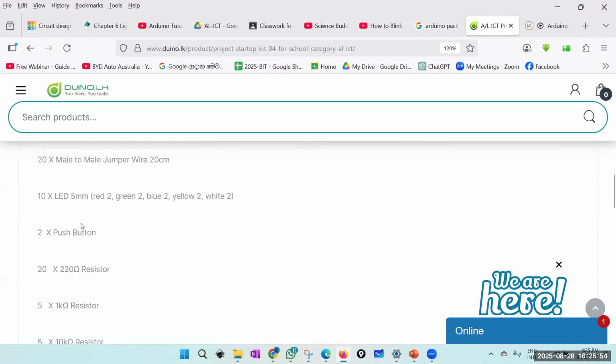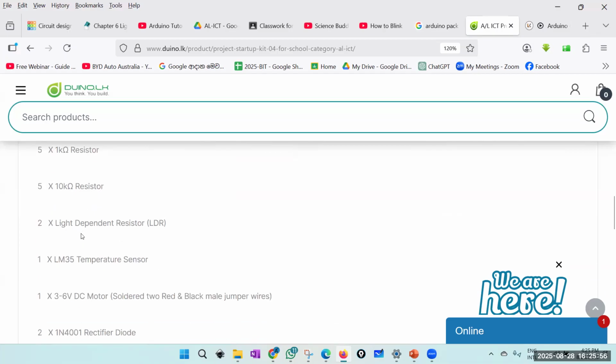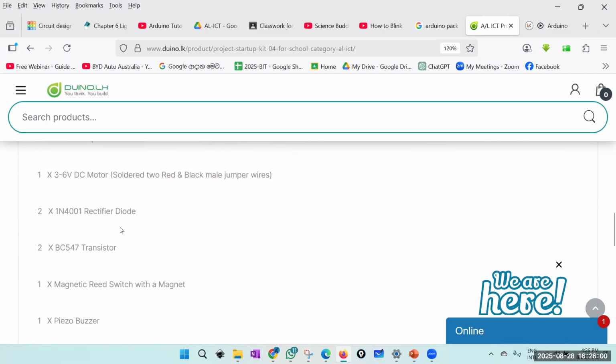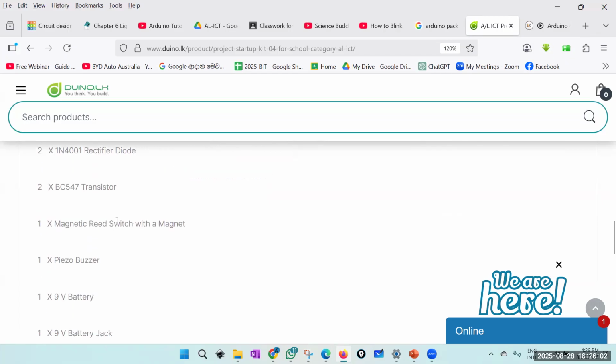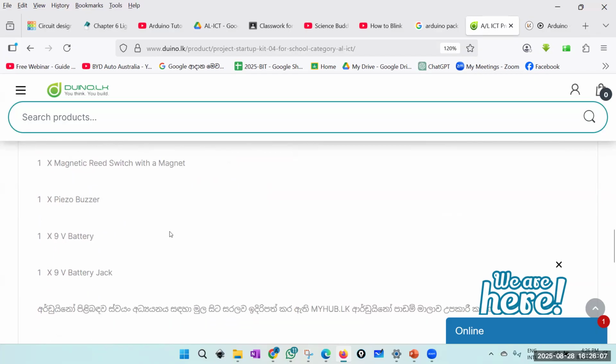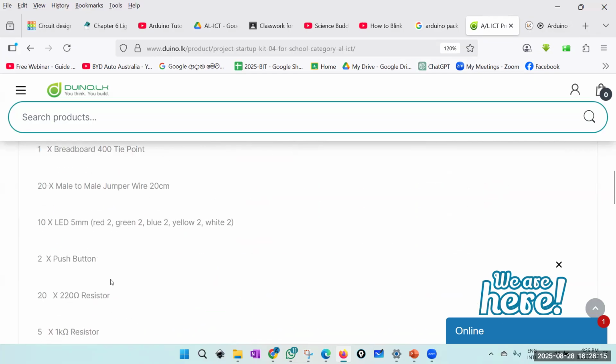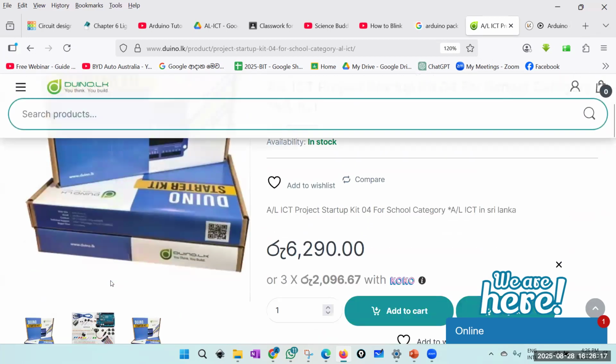This one has push buttons, pretty much the same thing, resistors, a rectifier diode, a magnetic reed switch with magnet. Yeah, a buzzer is there. You can see this one has a little bit more features. Of course, other things you can buy separately also. If you need something, you can buy it separately. So that is another option.